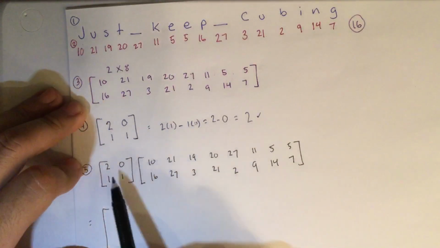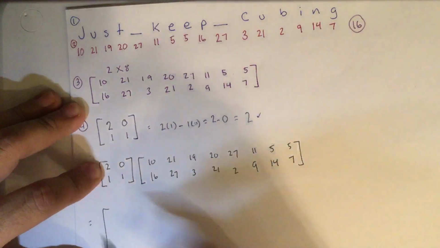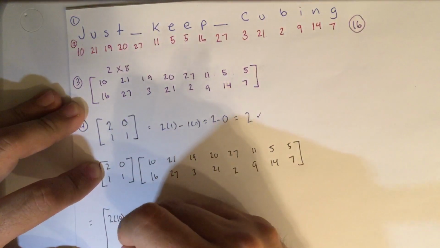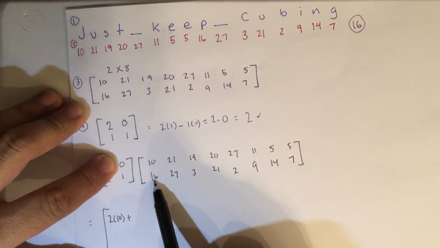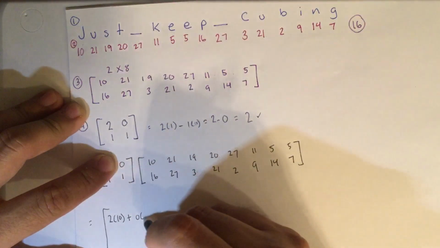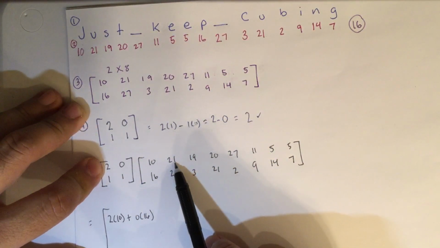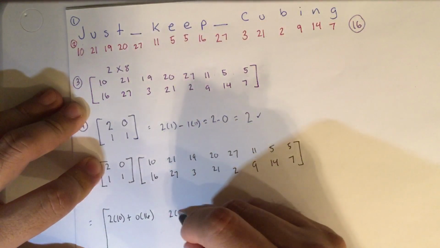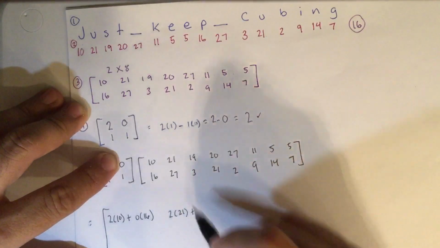To get the first number here, we do 2 times 10 plus 0 times 16. Then I go into the next one: 2 times 21 plus 0 times 27.